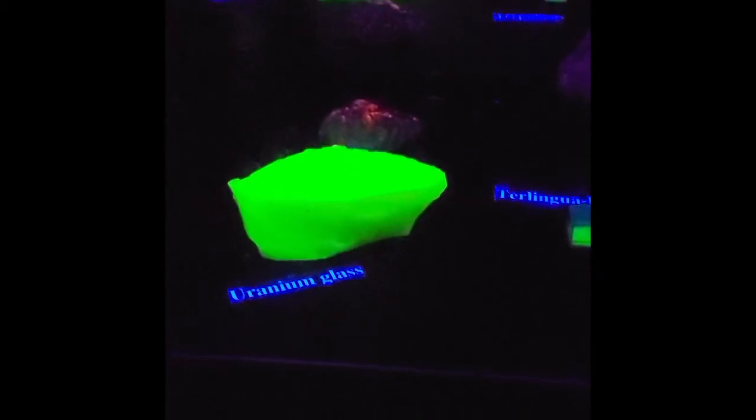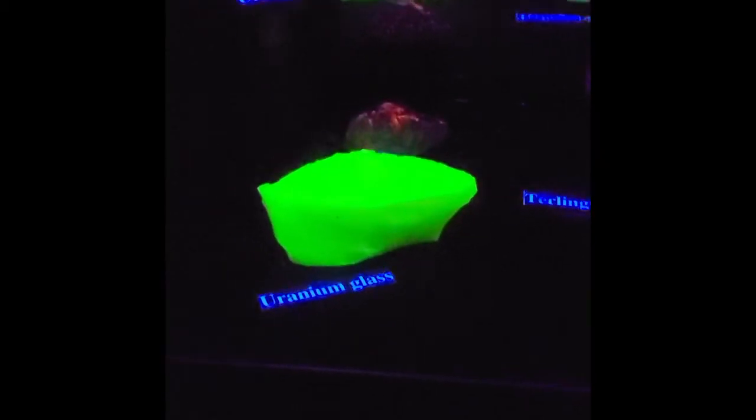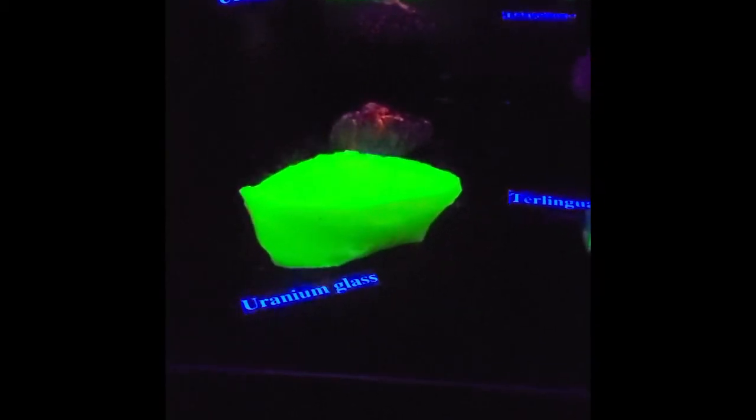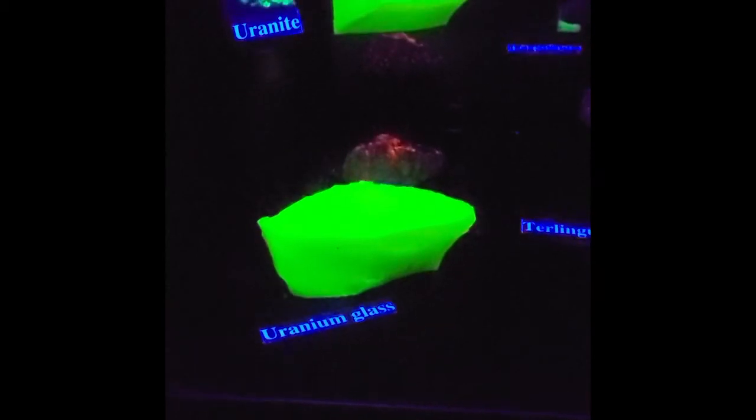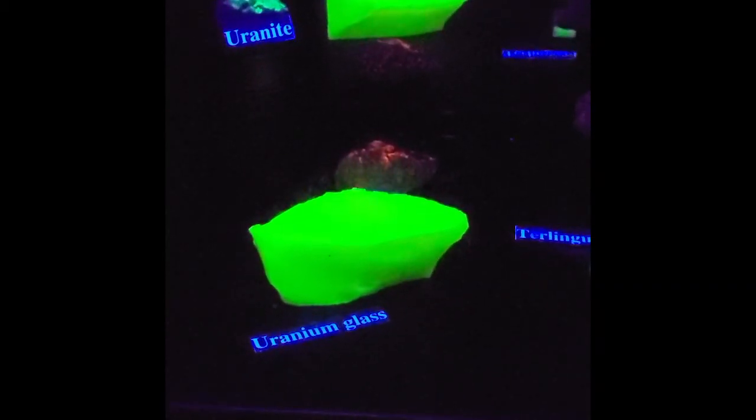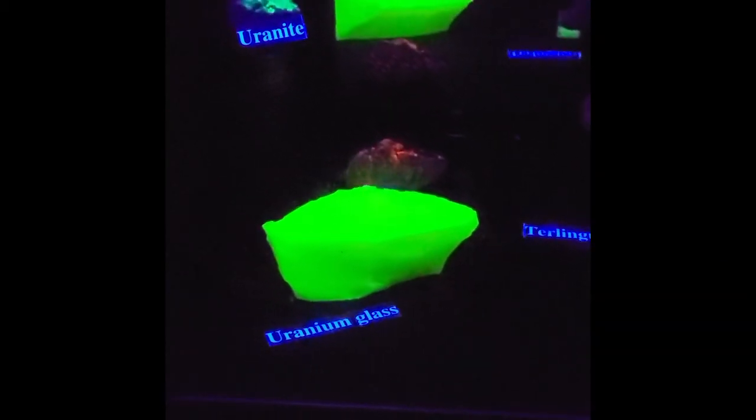This piece of uranium glass, which is really unique, fluoresces underneath long-wave radiation only. And so the ultraviolet light, if you were to take this and put it over in shortwave, it wouldn't fluoresce. So that is another characteristic of minerals.